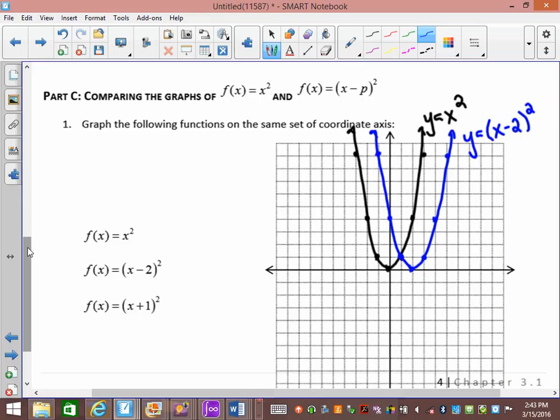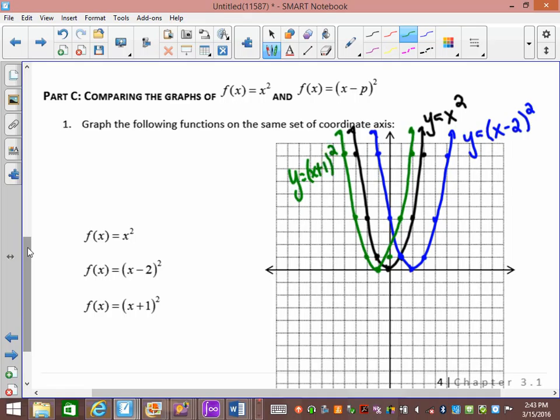Which way? How many? 1. So it shifts from the original x squared 1 to the left. So y equals (x plus 1) squared.